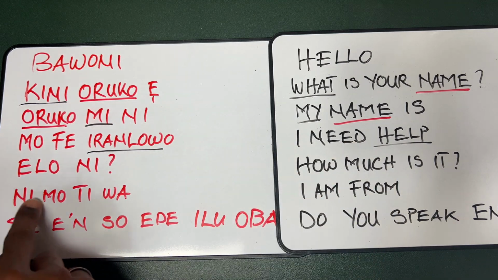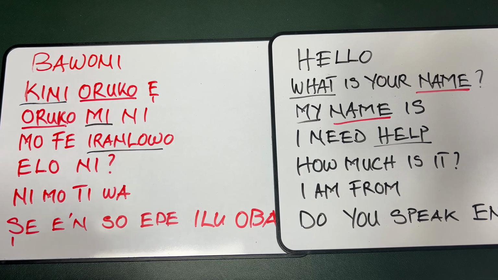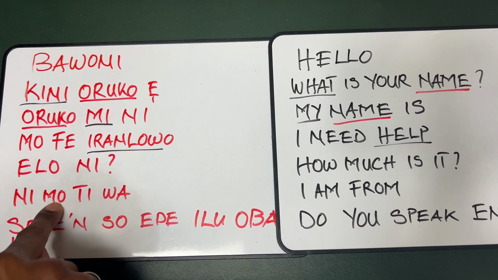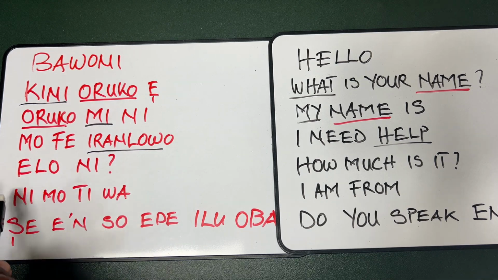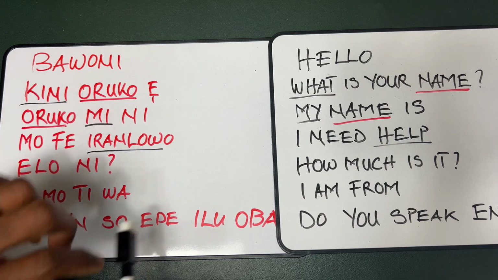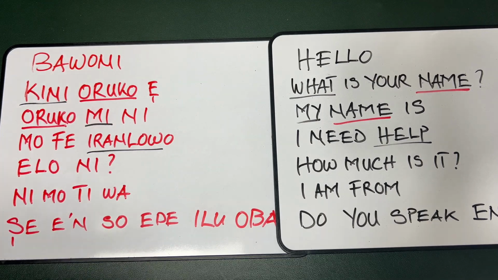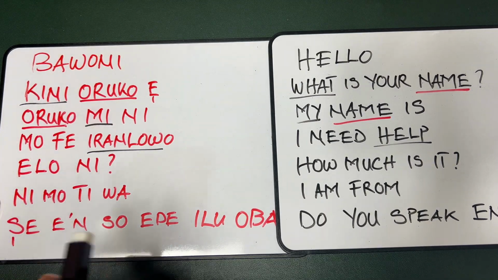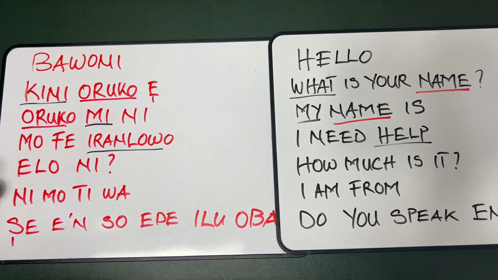And then this ni mo ti wá. So it is Lagos that I am from. So that will be Eko. We'll start here. Eko ni mo ti wá. If it's England, you will say Ìlú Ọba ni mo ti wá. Ìlú Ọba ni mo ti wá.